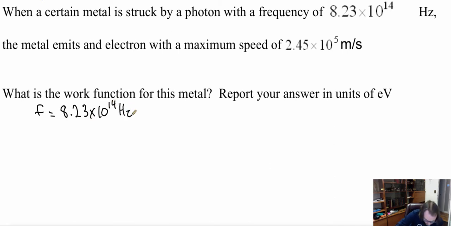I know my velocity is equal to 2.45 times 10 to the 5 meters per second.